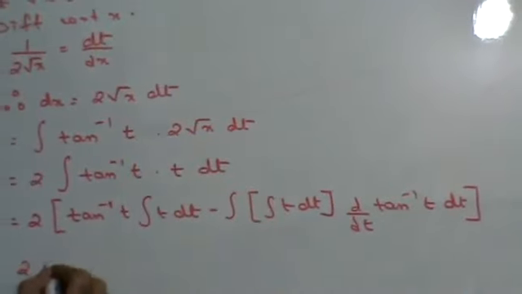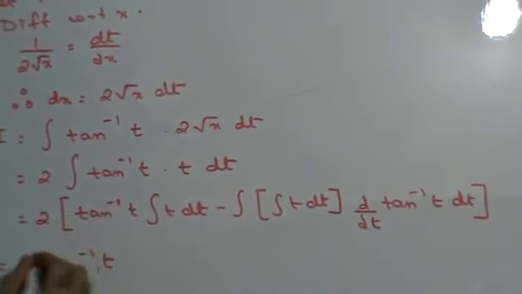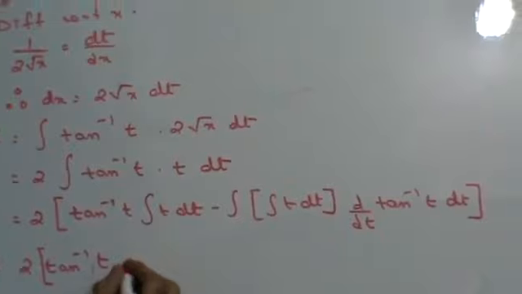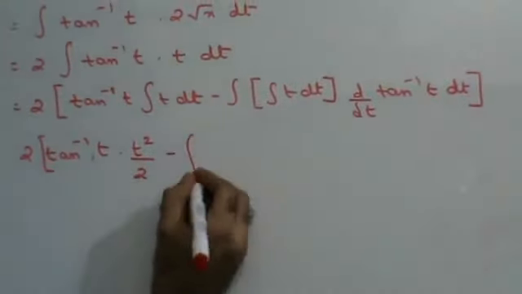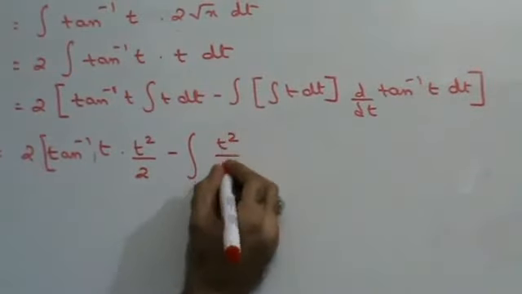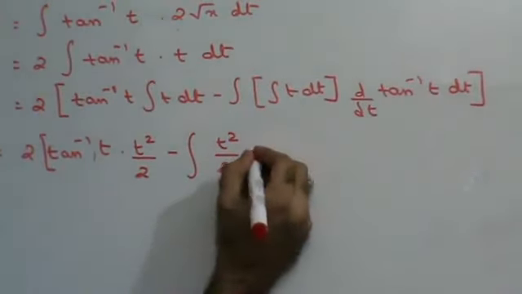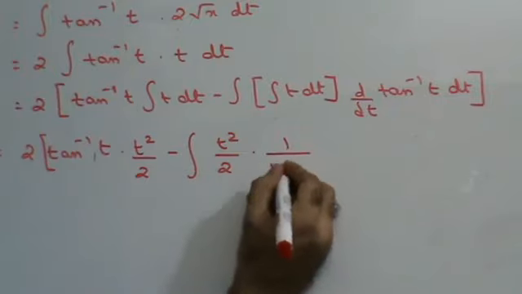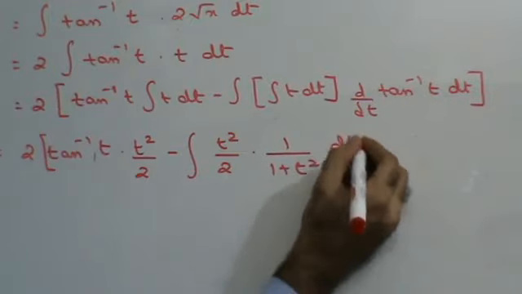This is 2 tan inverse of t times the integral of t, which is nothing but t square by 2, minus the integral of t square by 2 times d by dt of tan inverse t, which is 1 upon 1 plus t square dt.